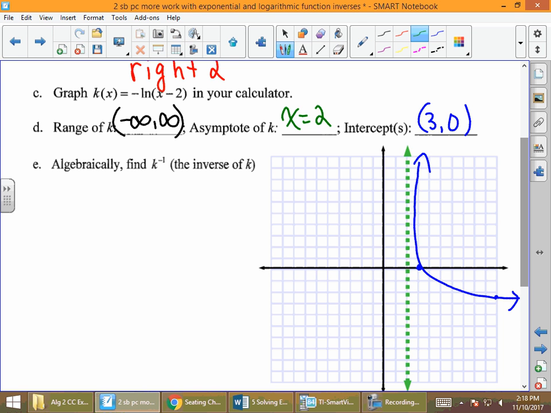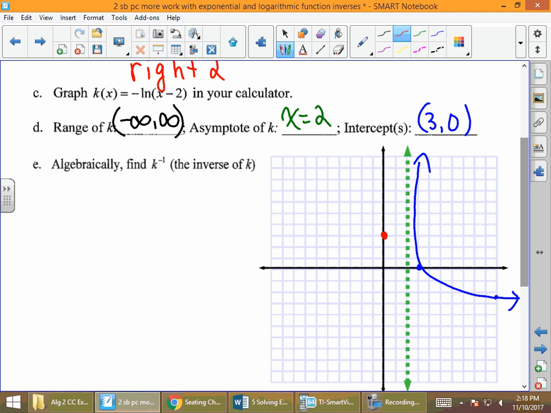Now once again, I am going to find this algebraically. But for some people who struggle with the algebra, I want you to at least be able to draw the graph. What has to happen here is you get 3, 0, so 0, 3.